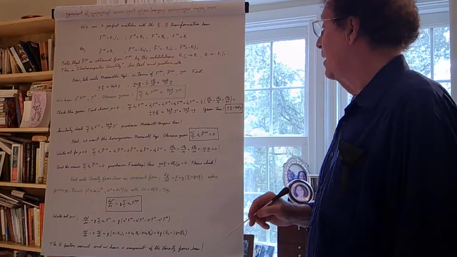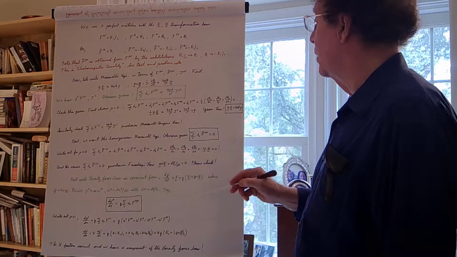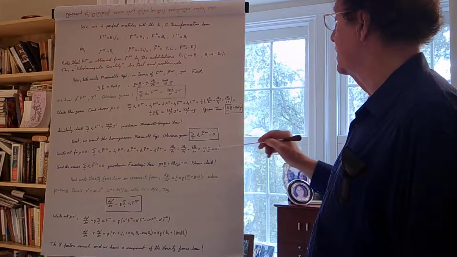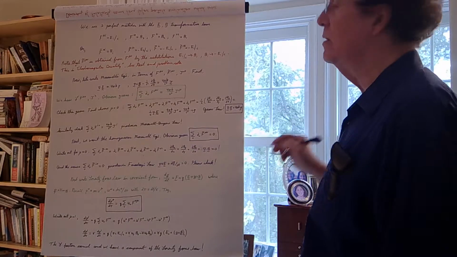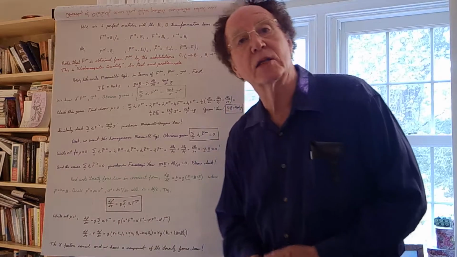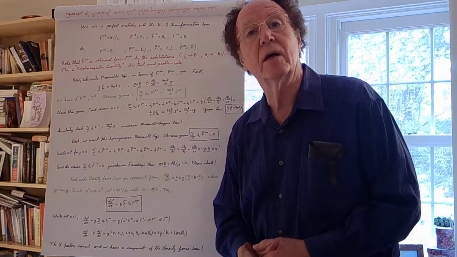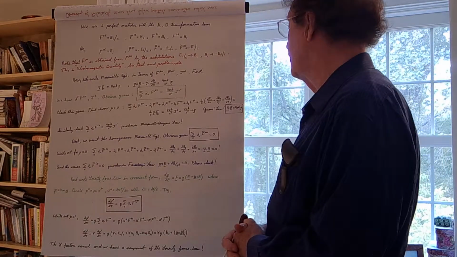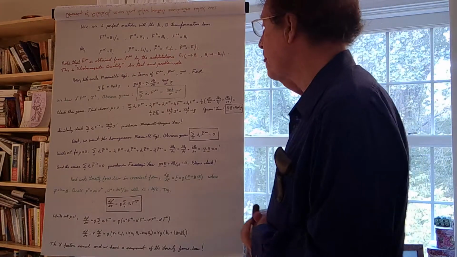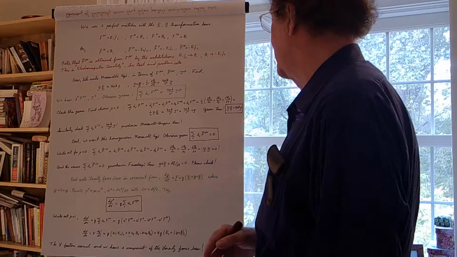But now there's just an electric-magnetic switcheroo, so it becomes B's where I saw E's over here, and the right-hand side is 0. And so I get what I expect, that the divergence of the magnetic field is 0. That's a statement of the local absence of magnetic monopoles. That looks fine.